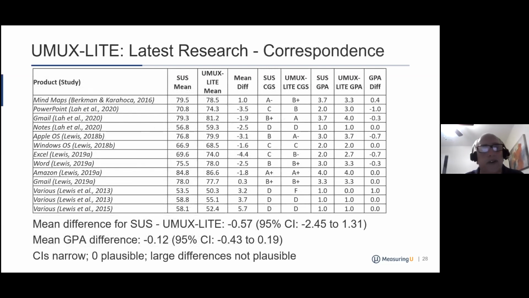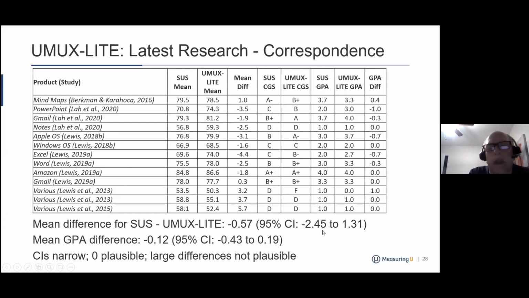This just shows you the research that's been done to date, looking at the differences in concurrently collected SUS means and UMUX-LITE means. There, I believe it's about 13 independent assessments.